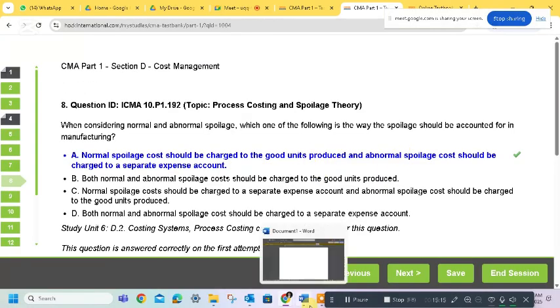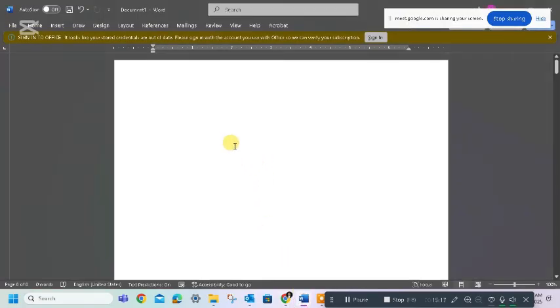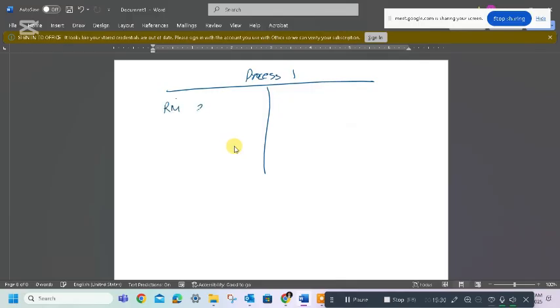I'll explain this. Listen. Say raw material 2000 units, $5,000. Conversion cost $10,000.